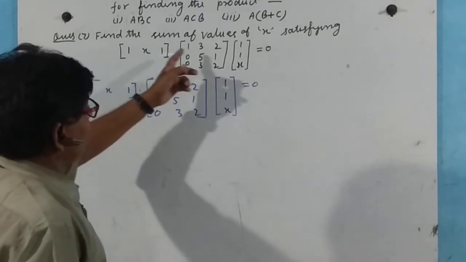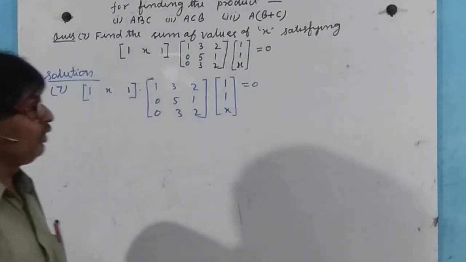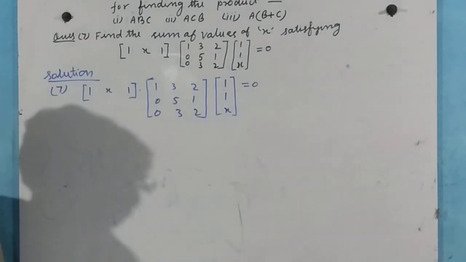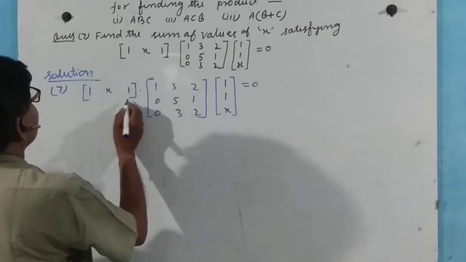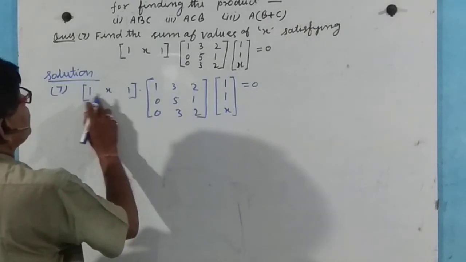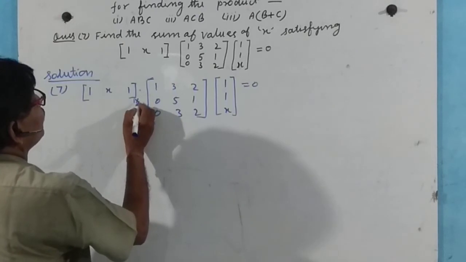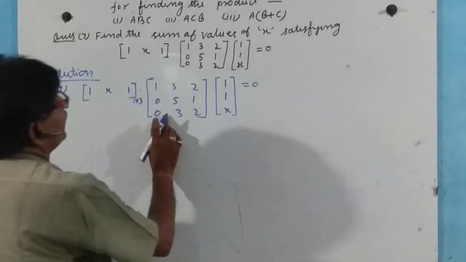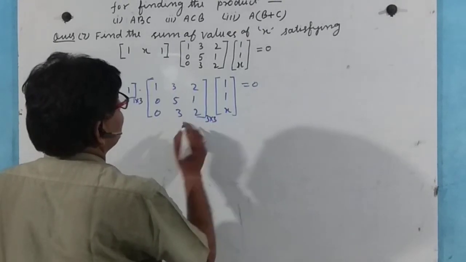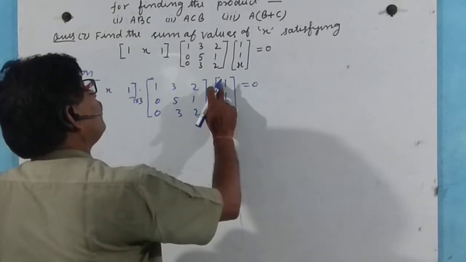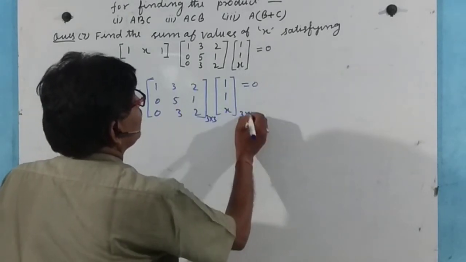Find the sum of values of x, which means that we have to find the sum of roots. Now here this is one row and three columns, this is 1 cross 3. This is 3 rows and 3 columns, and this is 3 rows and 1 column.